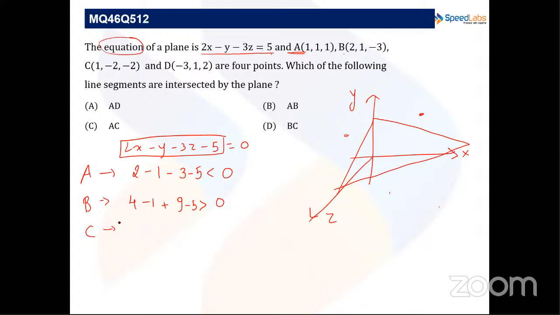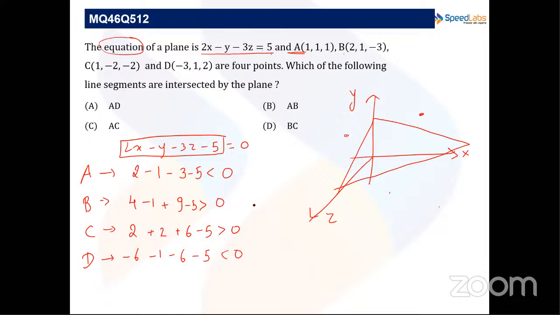So for point C, it will be 2 plus 2 plus 6 minus 5, obviously positive. For point D, this will be minus 6 minus 1 minus 6 minus 5, obviously negative.